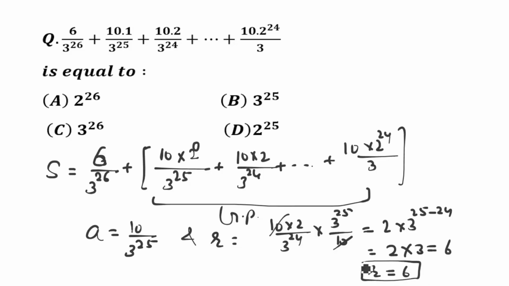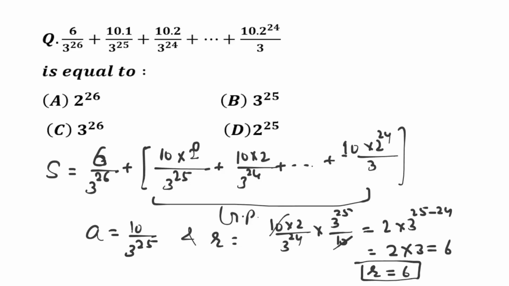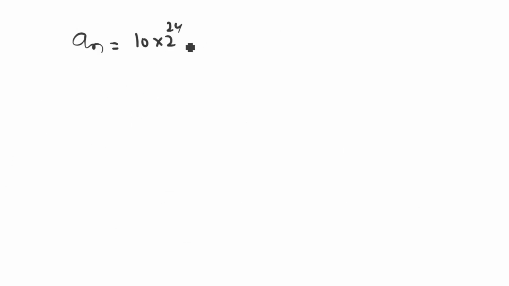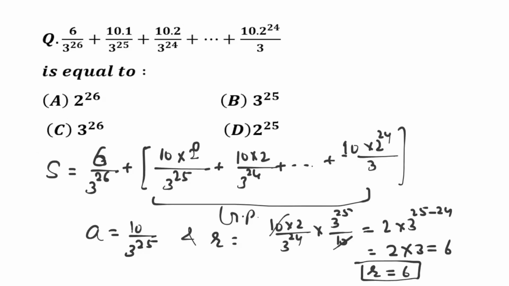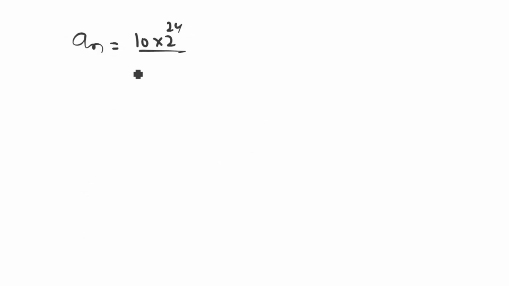R is basically 6. Now, considering the bracket part as a GP, the last term, let me write it as a n, the nth term, is 10 into 2 to the power 24 divided by 3.